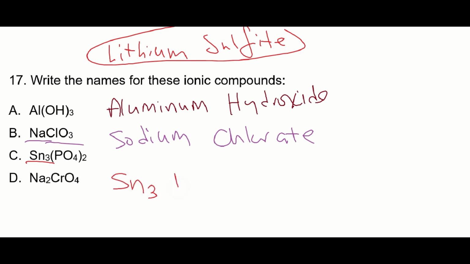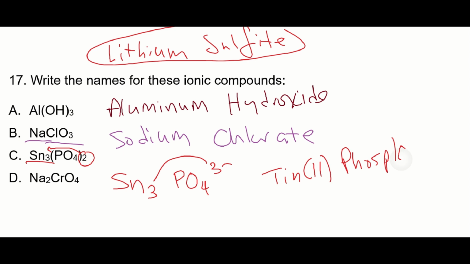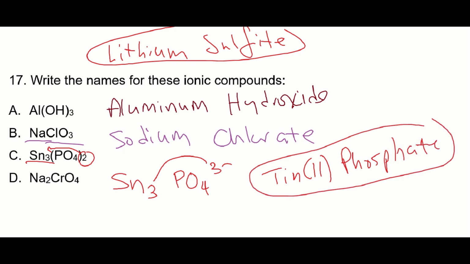Now, does that match the charge of the phosphate ion? The phosphate does have a 3 negative. So if that matches the charge of the anion, then the subscript, which is a 2, must be the charge of the cation. So it's tin 2 phosphate. Sorry. Okay, sodium chromate. Piece of cake.